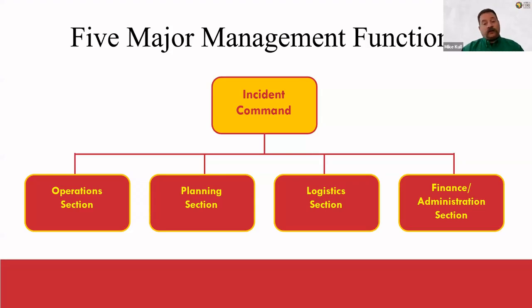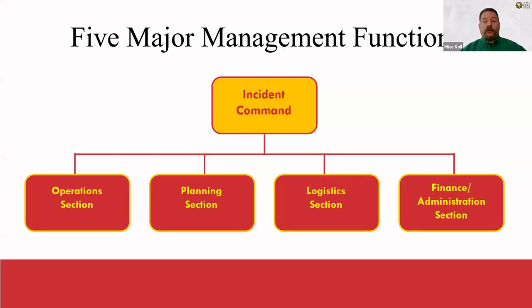So as soon as we start to get more people on the scene, we should probably open up that operations section. The operations section being where all of the labor is going to be happening, right? Where the firefighters are at, putting the fire out, or making the rescue from the vehicle, or whatever function we're called to there. The other ones are administration positions. You've got the planning, logistics, and finance administration.